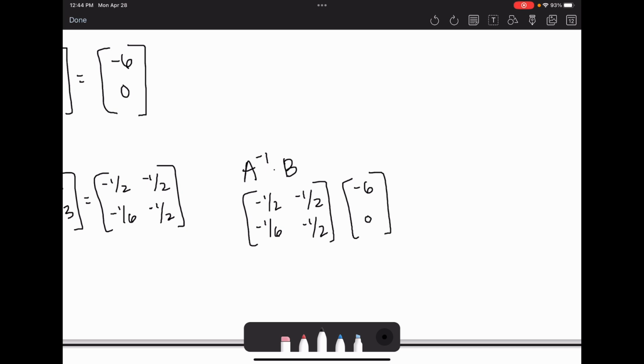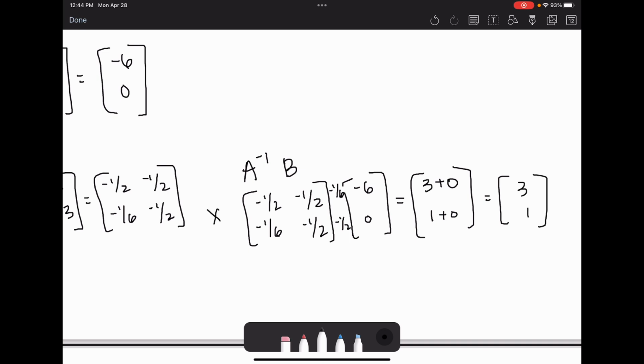We just reviewed how to multiply matrices, so we're going to take our top row, and that is 3 plus 0. And then our bottom row, negative 1/6 and negative 1/2. So that's 1 plus 0. So the solution is 3, 1.